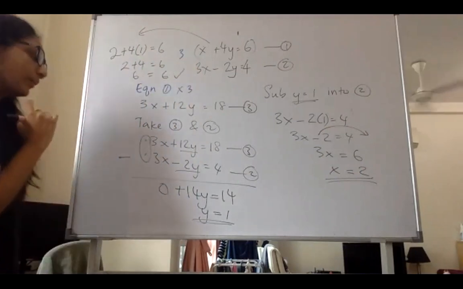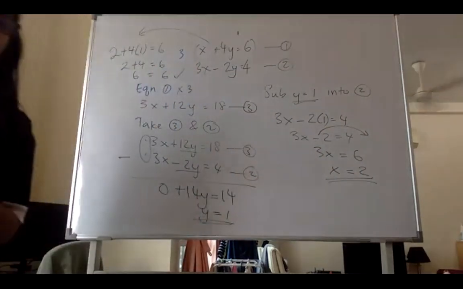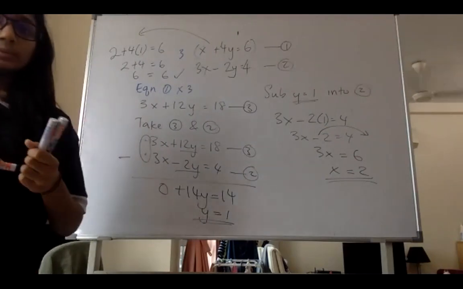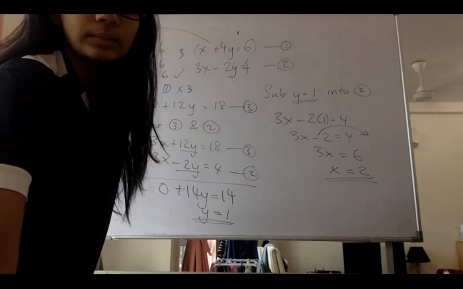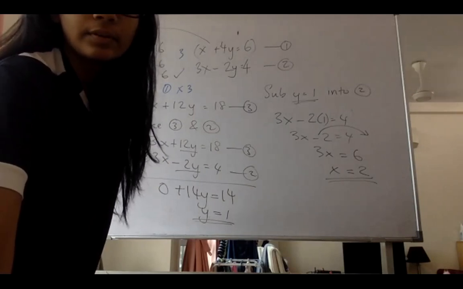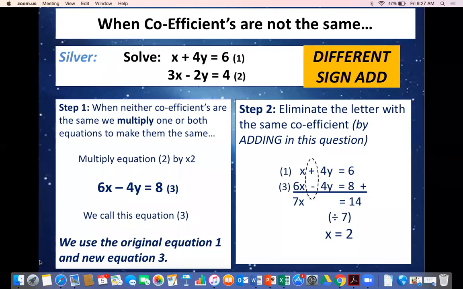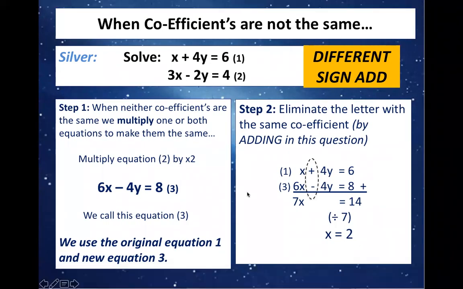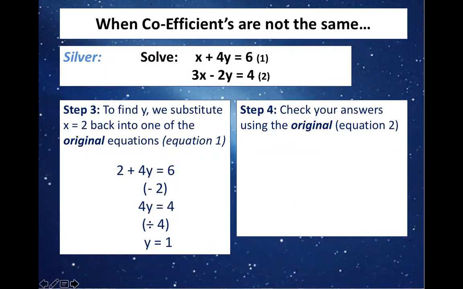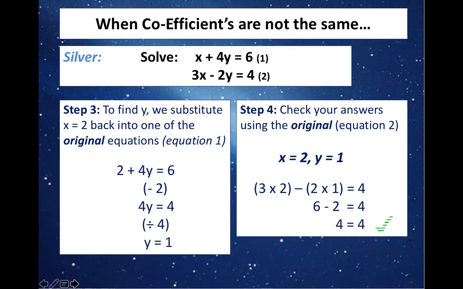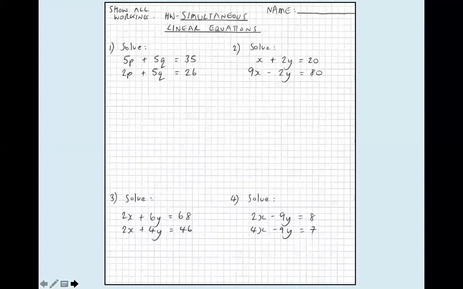That means y equals 1 and x equals 2. So for this equation, x equals 2 and y equals 1. But for the example they used a different multiplier.